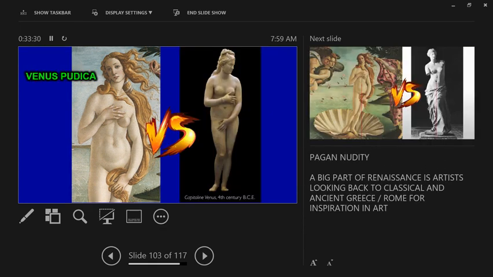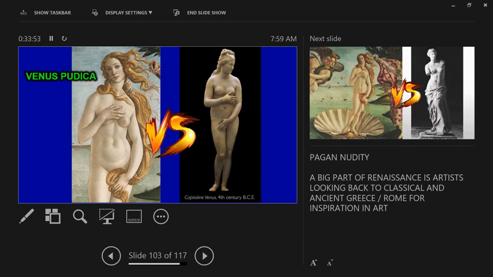And it is also a reference to the Greeks and the Romans. The way that he was able to get away with this, although there was an inquisition against him for this painting, was that the Medici helped protect him and give him legal counsel.